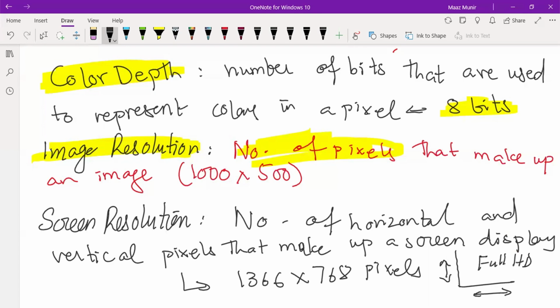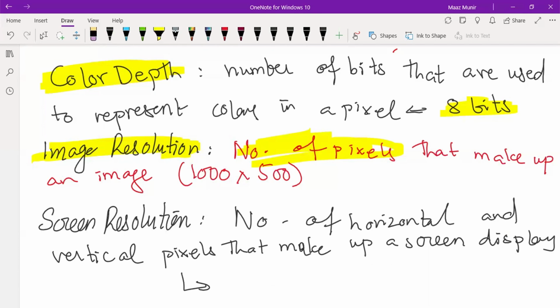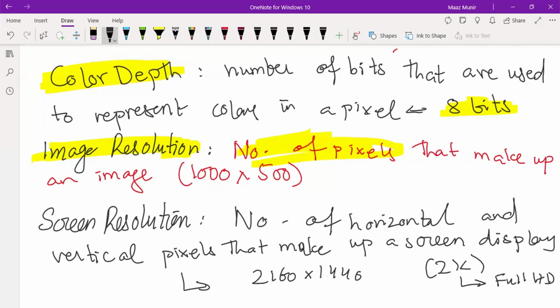The 4K screens go up to, let's say, 2160 multiplied by something like 1440, maybe, I'm not sure, but it's something like this. At least double the pixels of mine. 2K is basically full HD, and 4K is then the double of mine. And that represents 4K. We have more pixels.